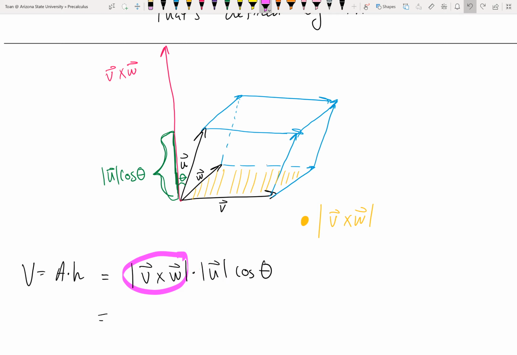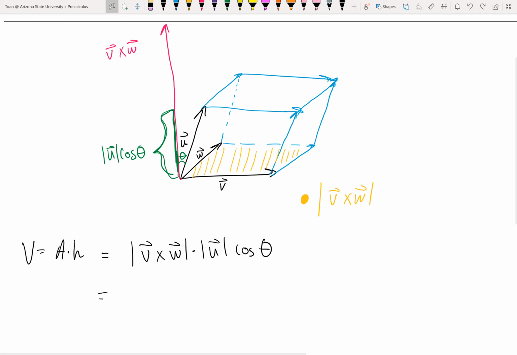We have done that structure before. That is precisely the alternative definition of the dot product of two vectors. So ultimately, we end up with this expression here. And I'm just going to go alphabetical order. The order really doesn't matter.